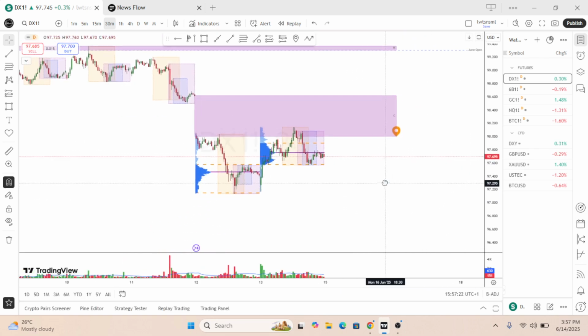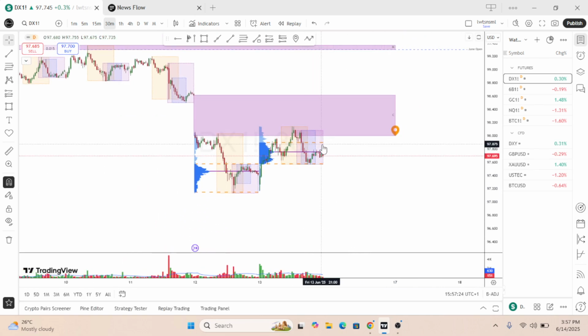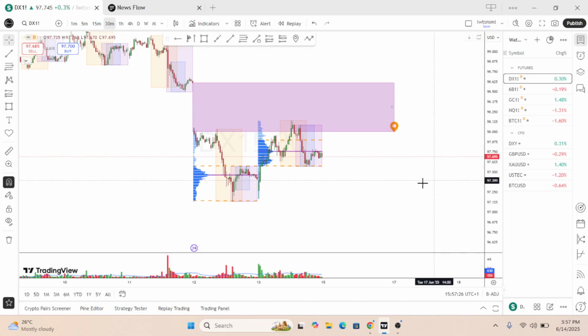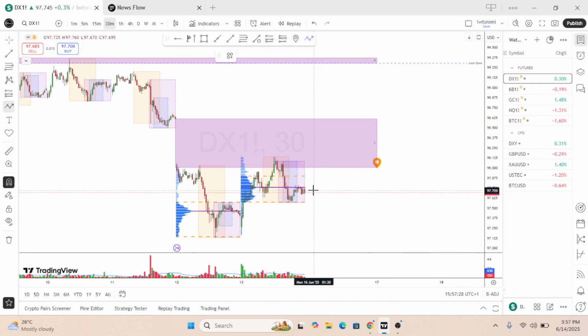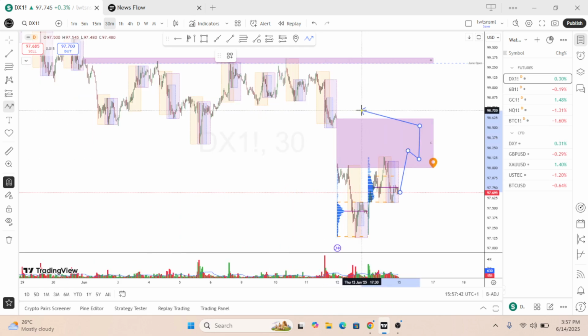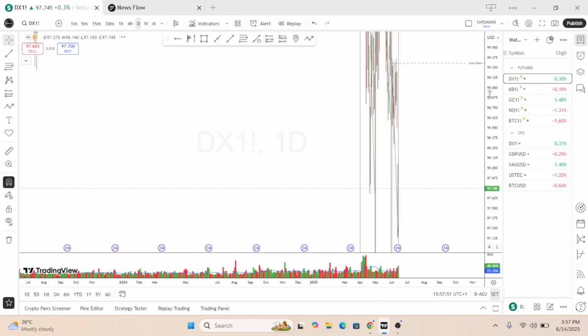So my expectation is that if we do have a breakout of the value area low here, we might retest the previous day low on Monday. Or if we do have a drop to acceptance, or even we trade higher into the value area for the month. And let me show us this on the daily time frame.